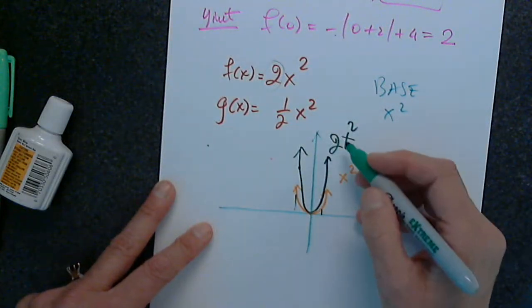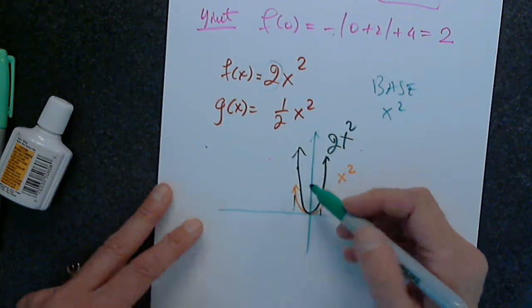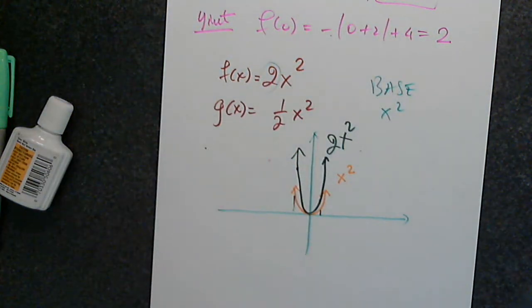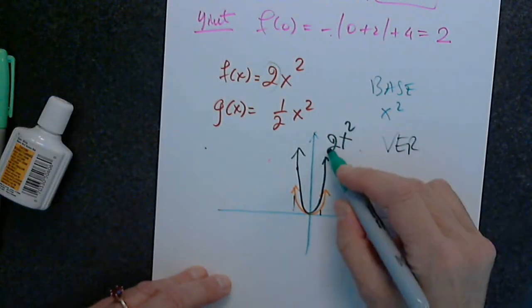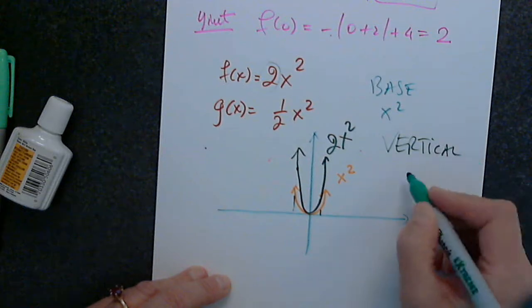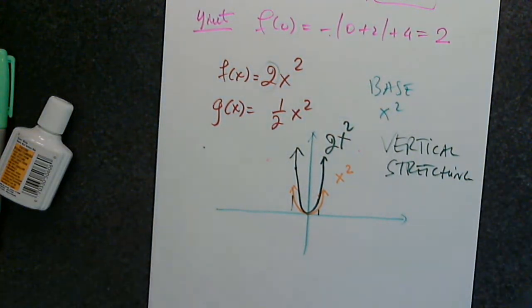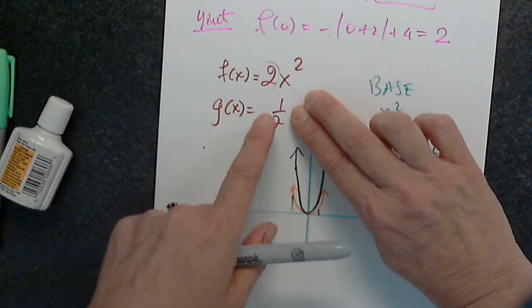So this is twice x squared. It doesn't mean that you have to graph it longer. What I wanted to show is that it's a vertical stretching. The graph gets closer to the y-axis. And we call that a vertical stretching of the graph by a factor of 2. Now, again, I compare x squared to 1/2 times x squared.